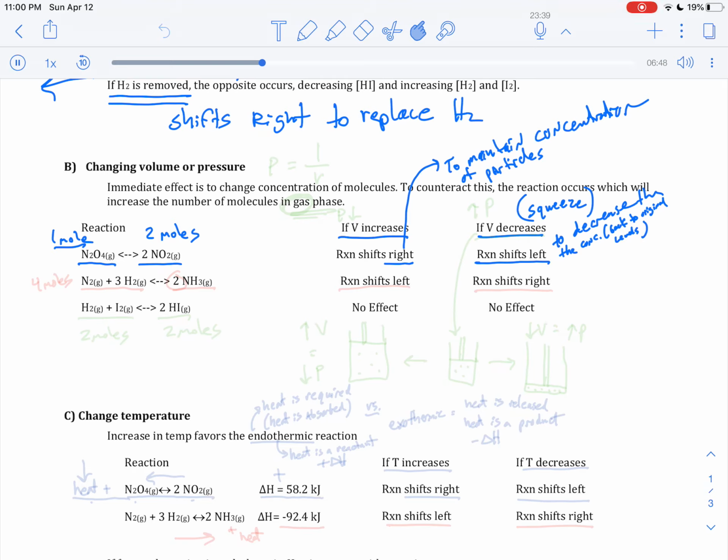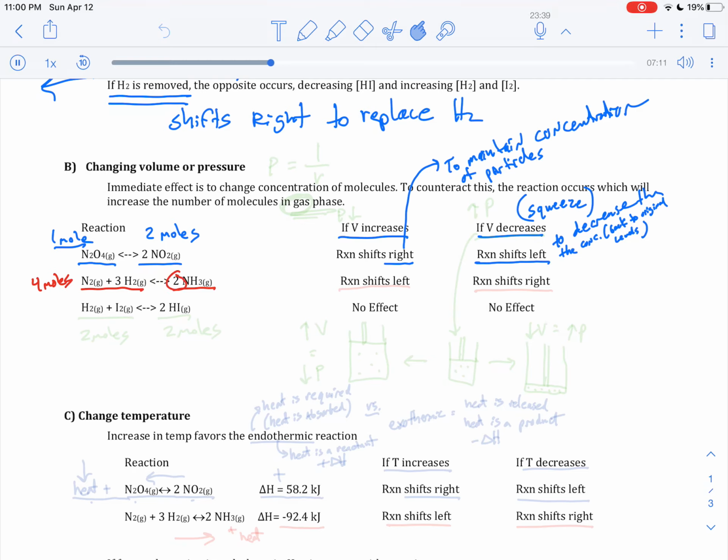All right, let's look at the second reaction. Here we have nitrogen reacting with hydrogen. Note right away that we have 4 moles of gas on the reactant side, and that forms ammonia, 2 moles.